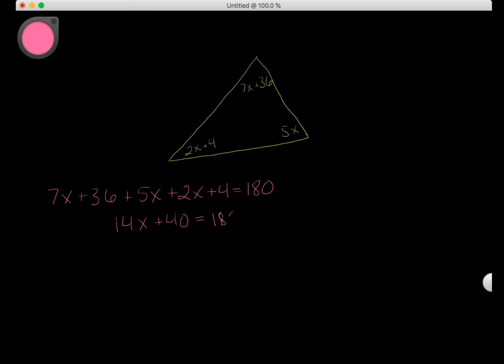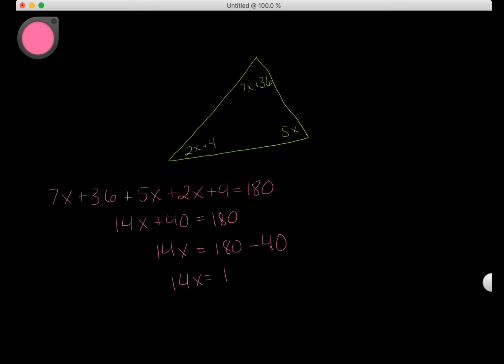So 14x plus 40, we'll move that 40 to the other side. 14x equals 180 minus 40. 14x equals 180 minus 40 is 140.